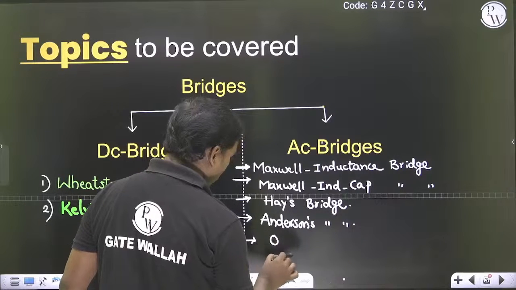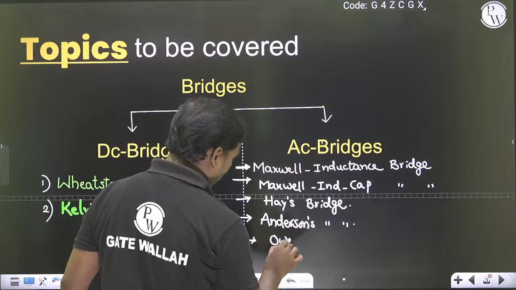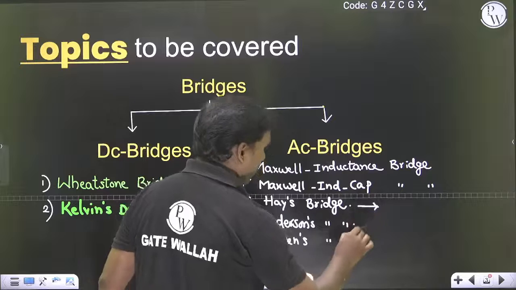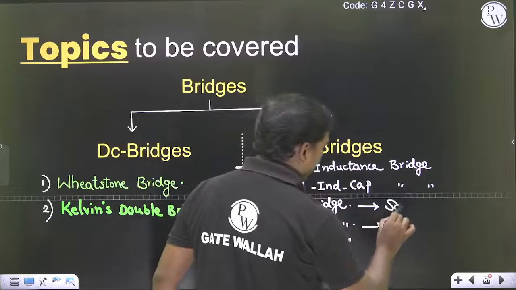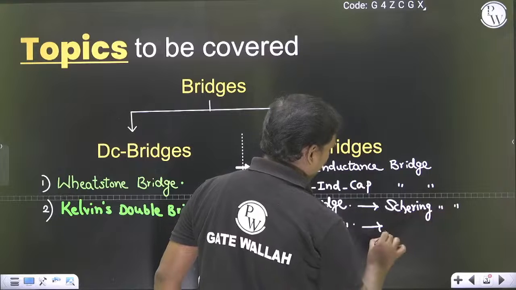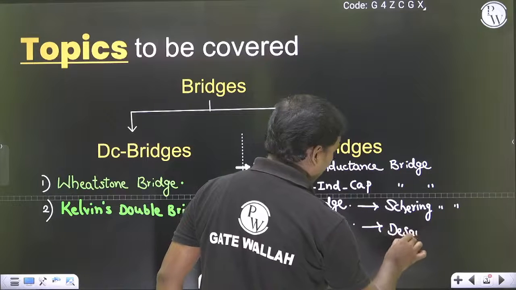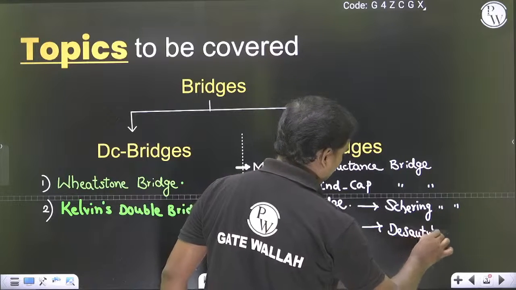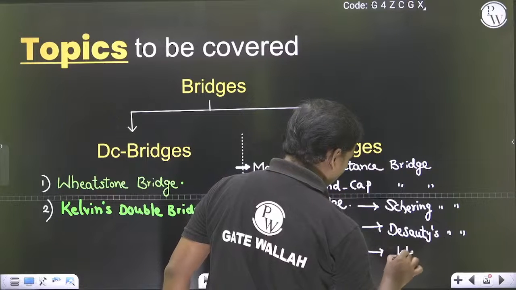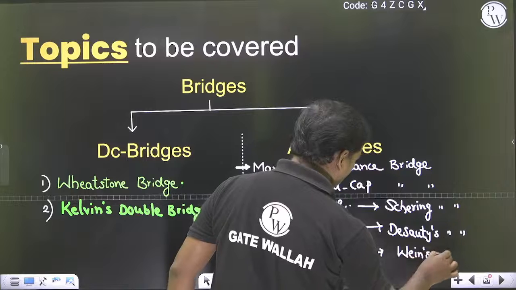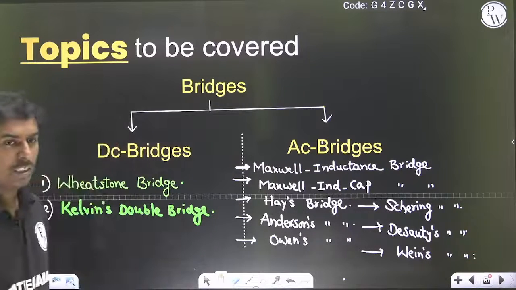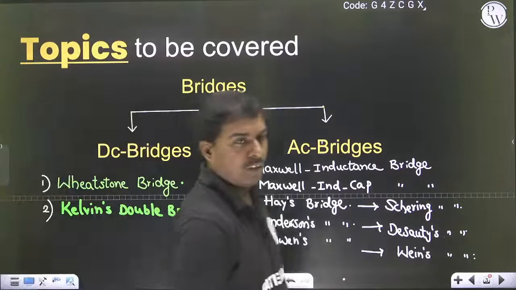Owen's bridge. Next, Schering bridge. De Sauty bridge, Wien's bridge. Okay. So these all are the bridges.